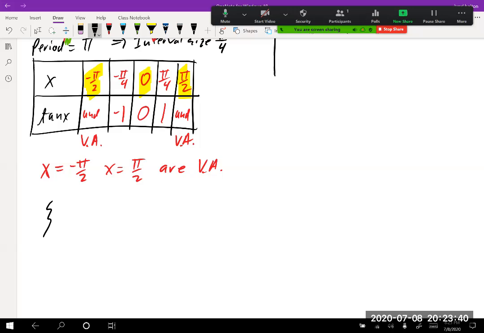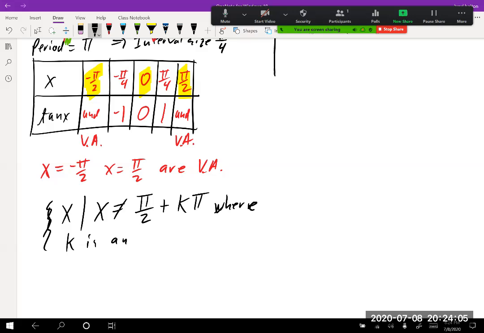So you would say something like this. I think this is how they would want it. The domain is x such that x cannot be pi over 2 plus k times pi, where k is an integer.